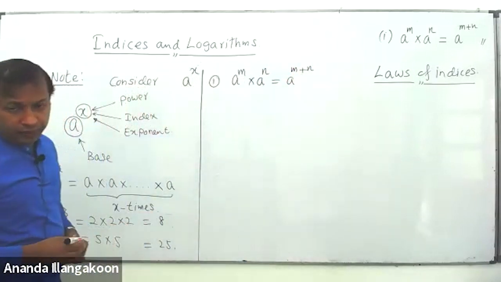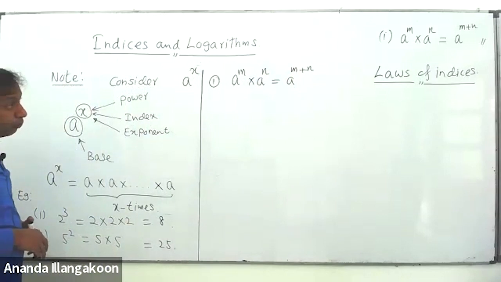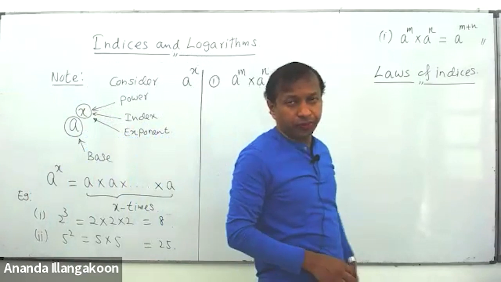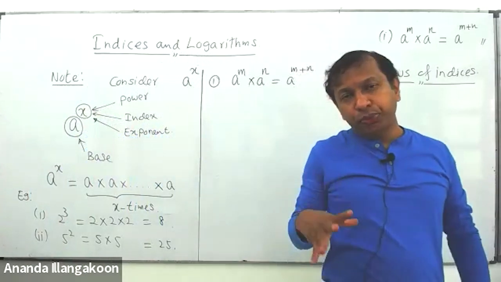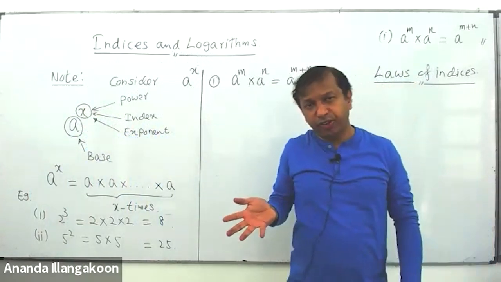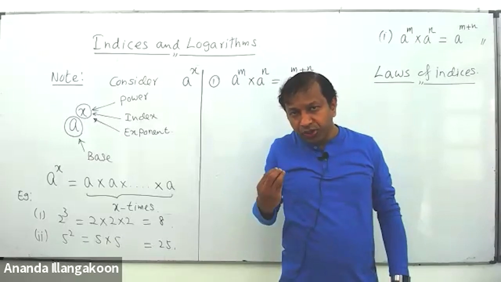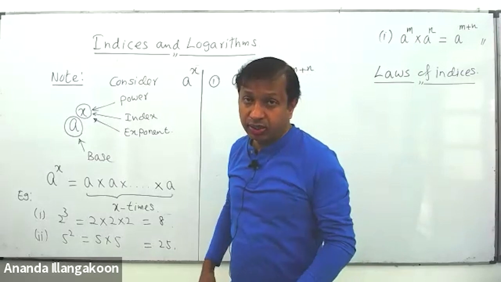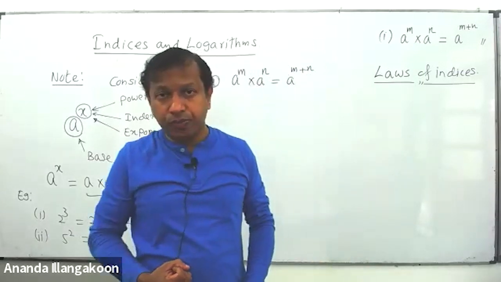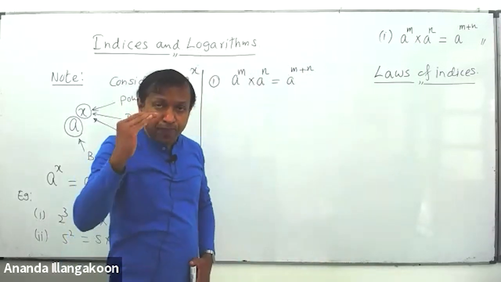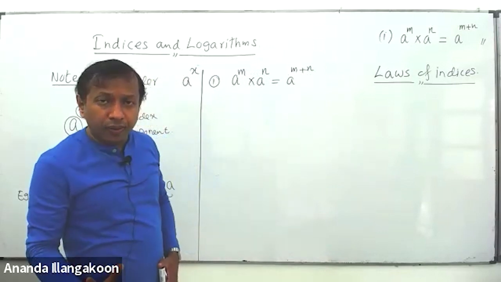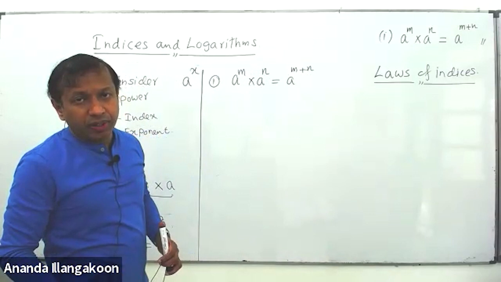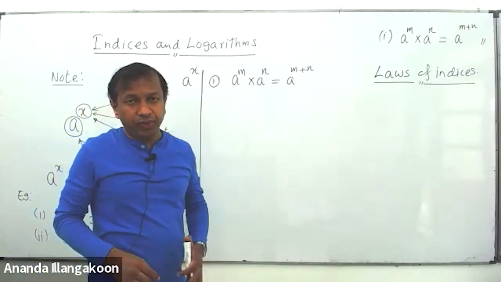People, here, rather than a proof, we can do a verification of the truth of this. Proof means, subject to certain mathematical laws, we step by step develop to get the final answer. Verification is a little bit different.